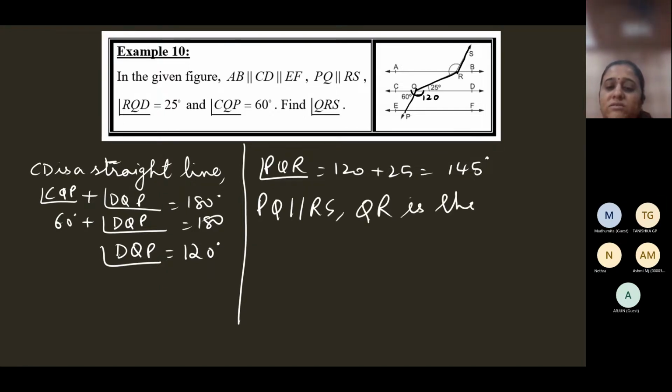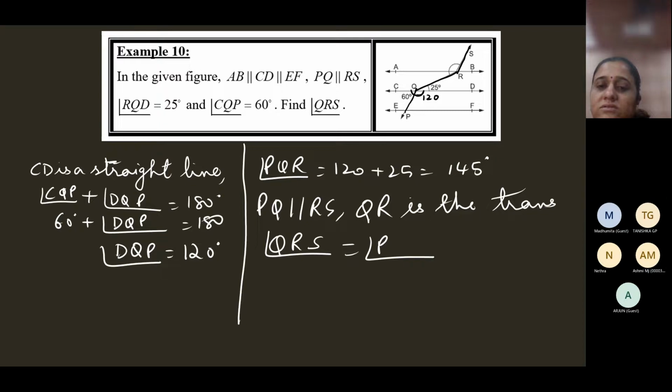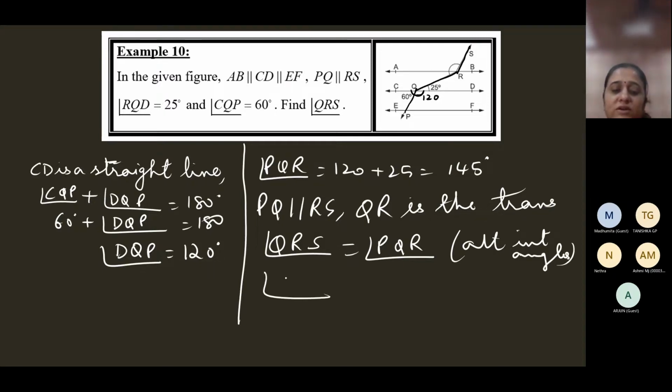So angle QRS, what we have to find, is equal to angle PQR because they are alternate interior angles. We found PQR is 145 degrees. So QRS is 145 degrees.